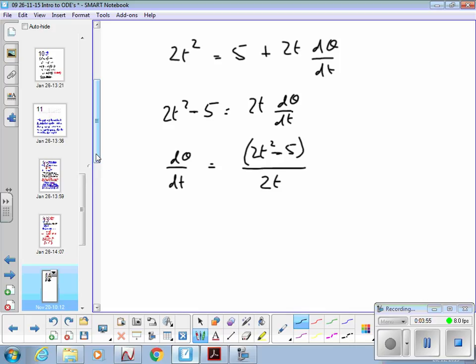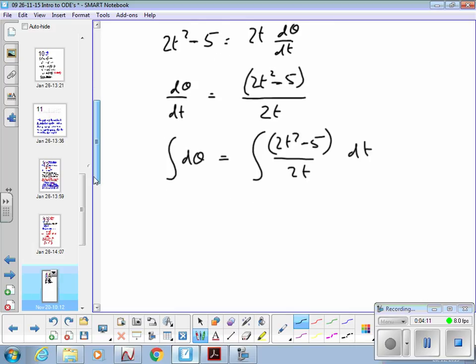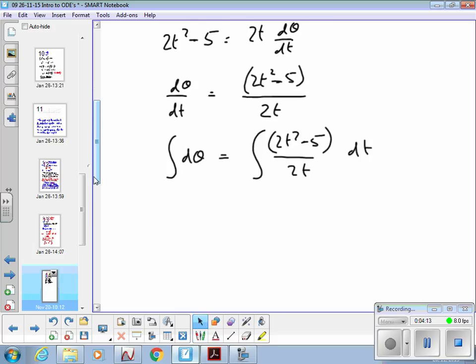So I can say that the integral of d theta equals the integral of (2t squared minus 5) over 2t dt. So I've got an integral to do on the right hand side. The integral of effectively 1 d theta is just theta, so the left hand side is theta.